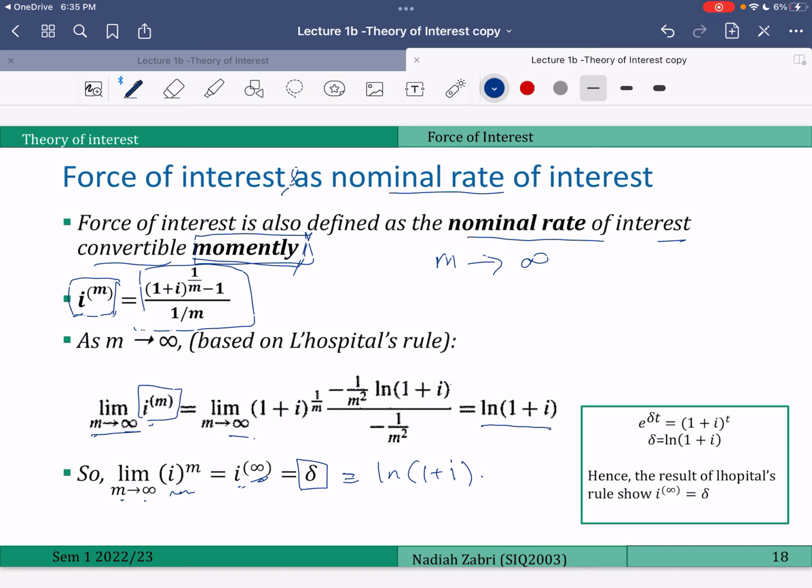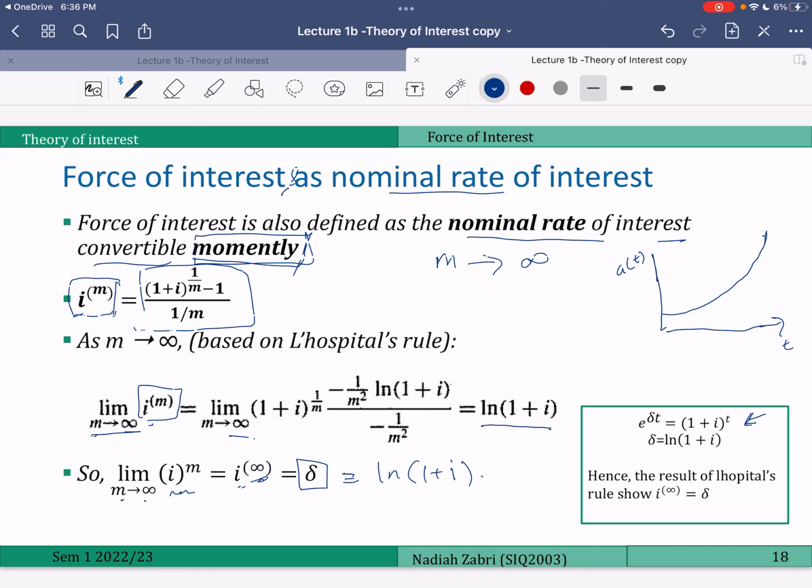Another fact that we know is, if you remember, if we were to draw the accumulation function of (1 plus i) to the power of t, it is basically a compound interest situation. It will look something like this. It's an exponential function. This is t, and this one is a to the power of t.